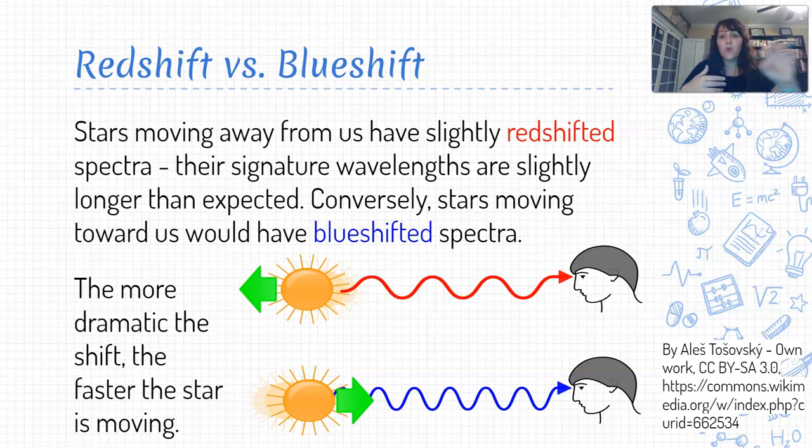So for objects that are moving away from us, the waves that they're sending out end up getting stretched out, and so the wavelengths look longer to us than they were when they were first emitted, which means that they're shifting over towards the red side of the spectrum. Whereas objects that are moving towards us are squishing and compressing those waves together so that those wavelengths appear shorter and bluer, if we're talking about light.